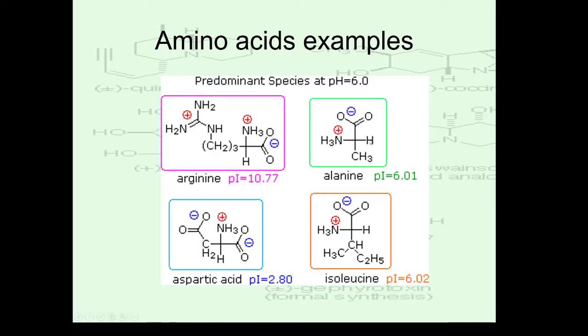If I have nonpolar side chains, a hydrogen or a carbon chain, we're going to be roughly in this middle value, around 6. A side chain that contains another amine gives a higher pI. Side chains that are a carboxylic acid give a lower pI.